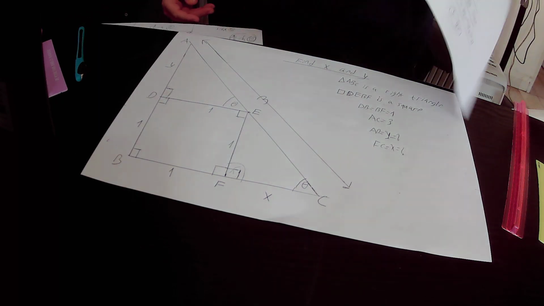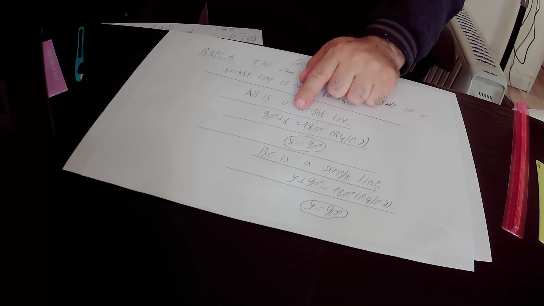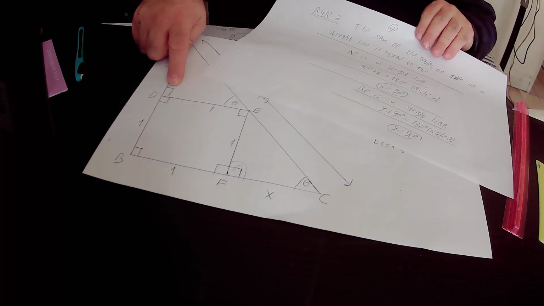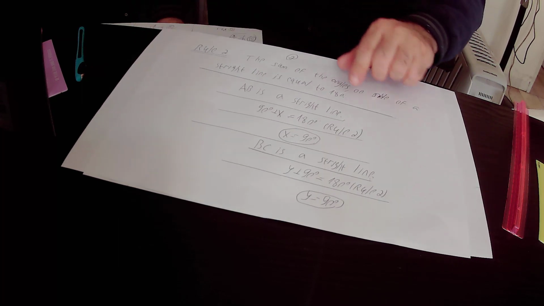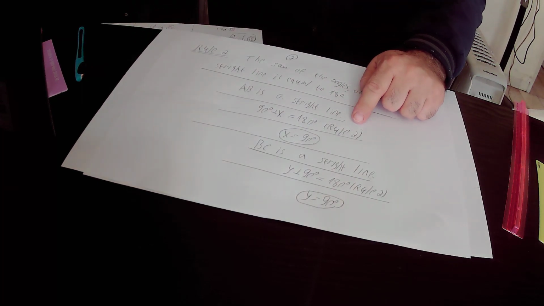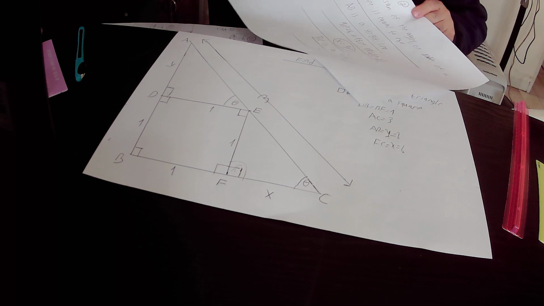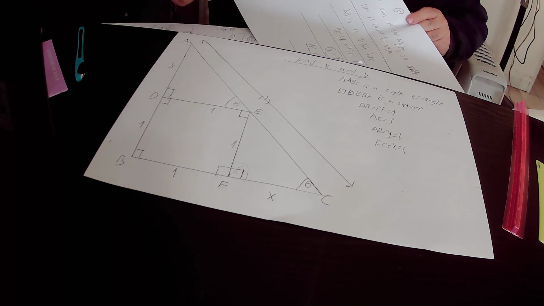That is to say, 90 degrees plus the missing angle that we defined as angle X must be equal to 180 degrees. According to rule number 2, we subtracted 90 degrees from this equation and found that angle X equals 90 degrees. So this angle is a right angle, therefore triangle ADE is a right triangle.